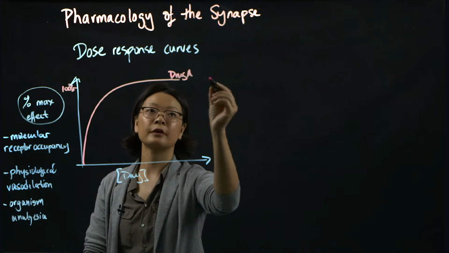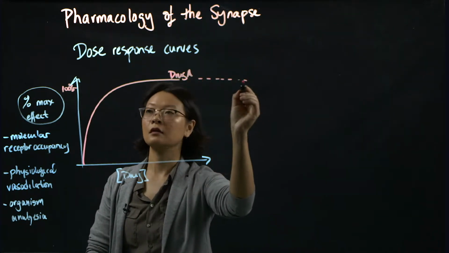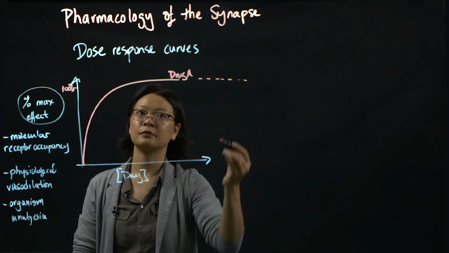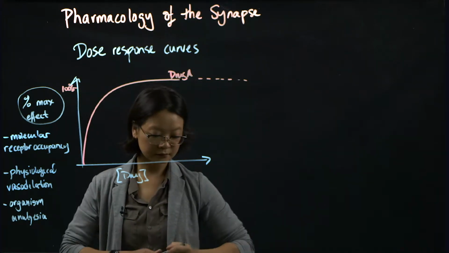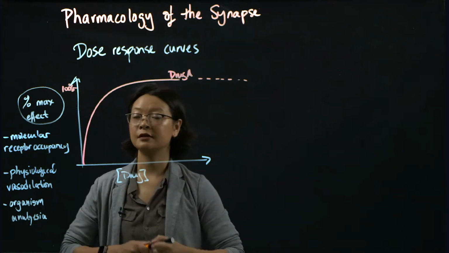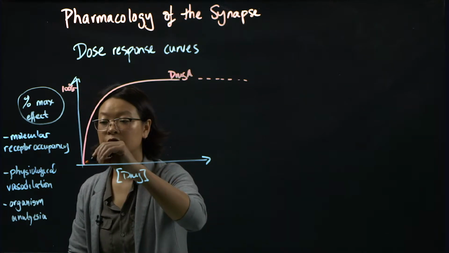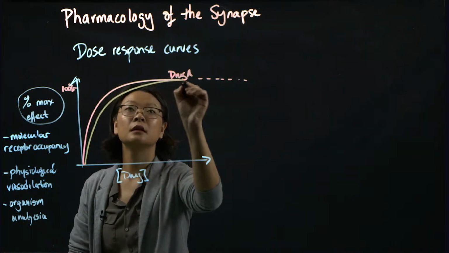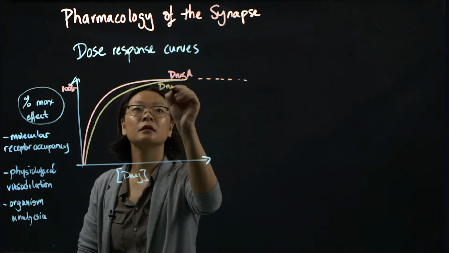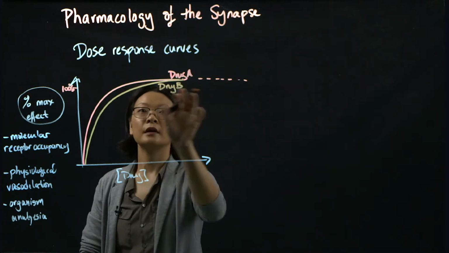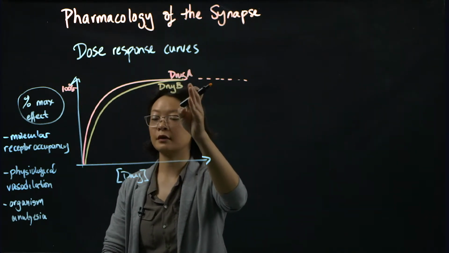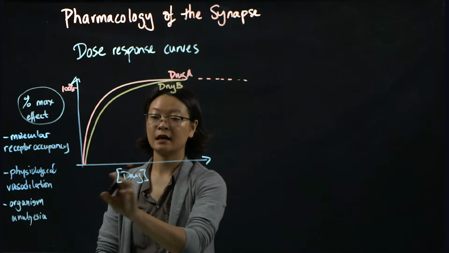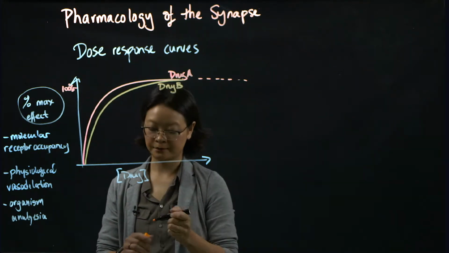One, it will approach an asymptote. So technically it approaches 100%, but never actually gets there. If now you have a different drug, such as drug B, that does the same thing, it will also reach near 100% max effect as you increase the drug concentration.